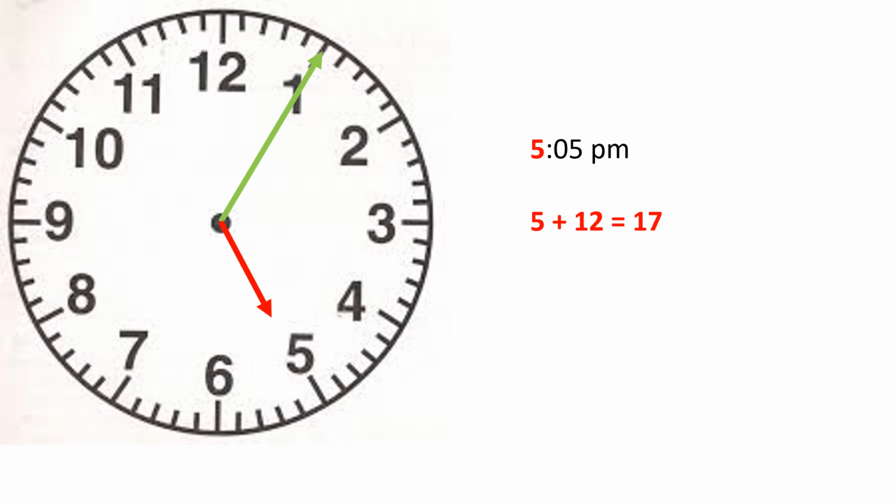Right, this time is 5:05 PM. We need to add 5 and 12 to make our 24-hour hour, which is 17. So our 24-hour time is 17:05.